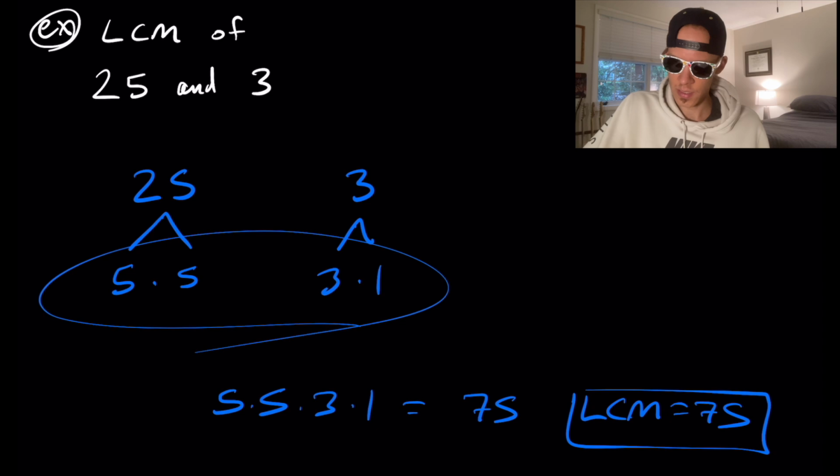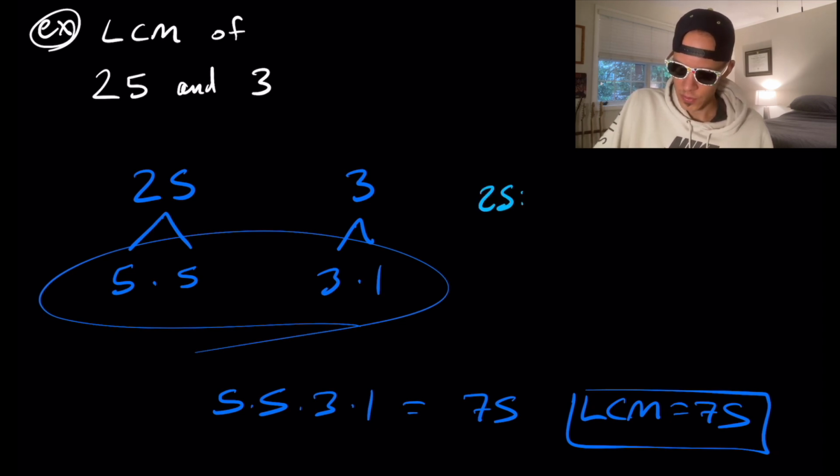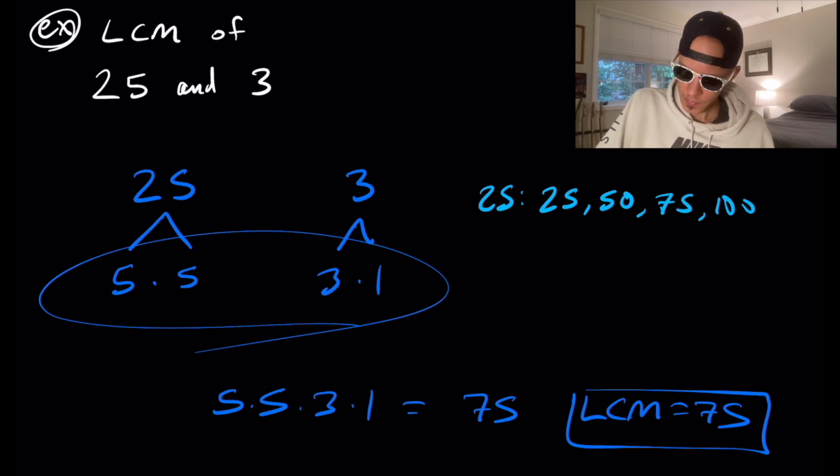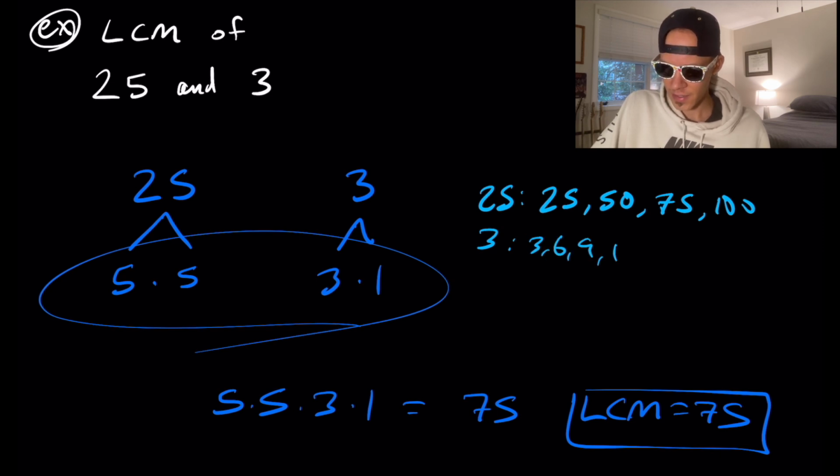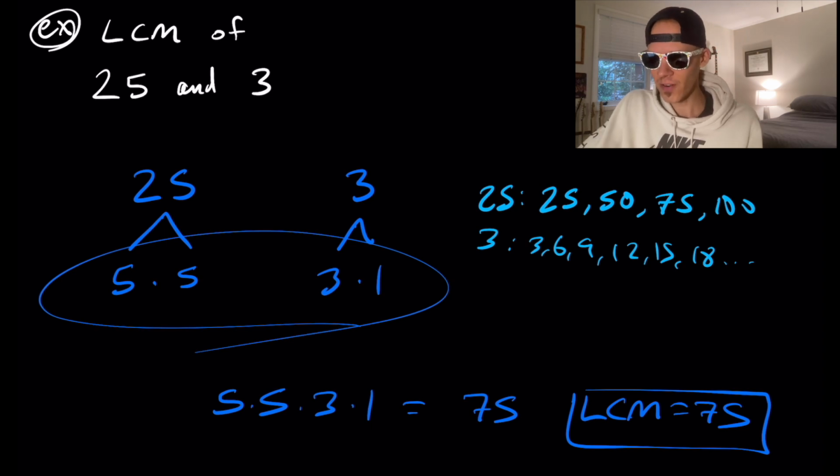Again, if you want to see it written out, let's do multiples of 25. It's like counting quarters, so 25, 50, 75, 100. And multiples of 3, right, we're going 3, 6, 9, 12, 15, 18. And you can see it's already going to take a while to see if 25 is a multiple.